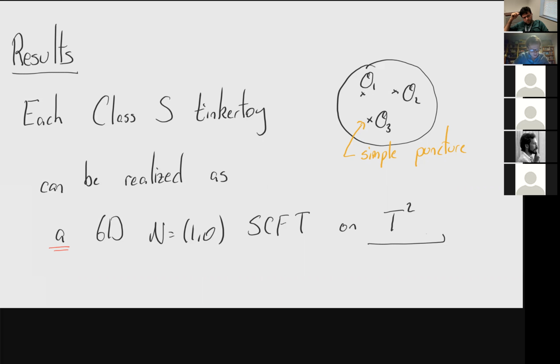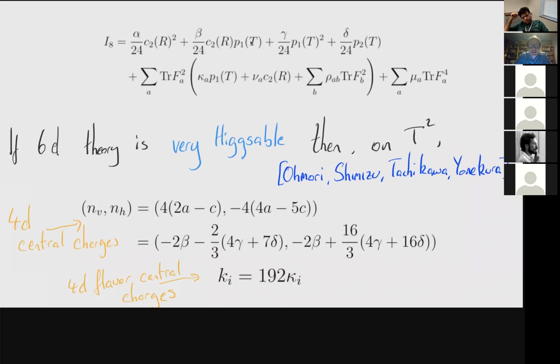First of all, I just need to quote one result, which is that once I've worked out the anomaly polynomial, the 4D central charges and the 4D flavor central charges are just given as linear combinations of the coefficients of the anomaly polynomial. For example, you see beta appears here in the number of vectors and number of hypers, and beta is just the coefficient of the mixed R-symmetry gravitational anomaly.